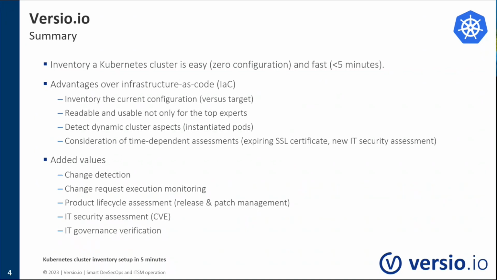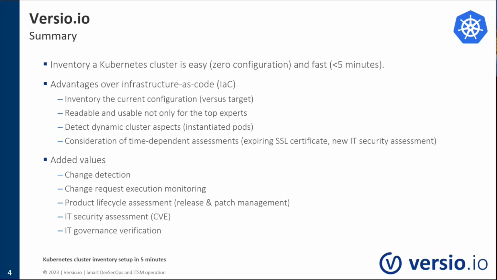The continuous inventory also captures dynamic changes, for example, how many pods have been instantiated for a service. Furthermore, time-changing assessments, such as for release, patch management, or new IT security vulnerabilities, can be carried out. And with this availability of the inventory Kubernetes data, there are many added values and possible use cases.